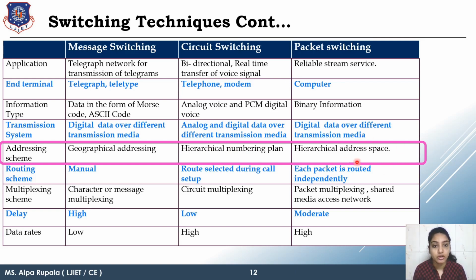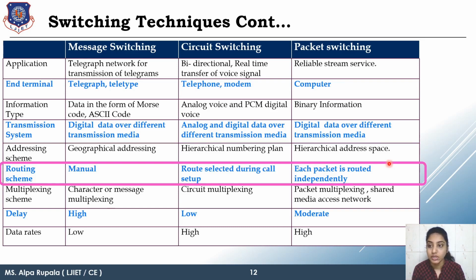If you talk about packet switching, there is a hierarchical address space. It is nothing but your IPv4 or IPv6 addressing, in which we divide our network using unique identifiers, and those unique identifiers are used for routing. The routing scheme in message switching is manual, which as I told you earlier is not much used nowadays.